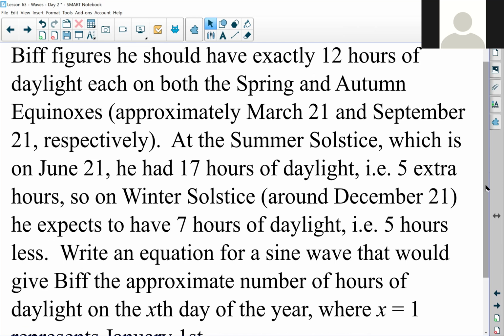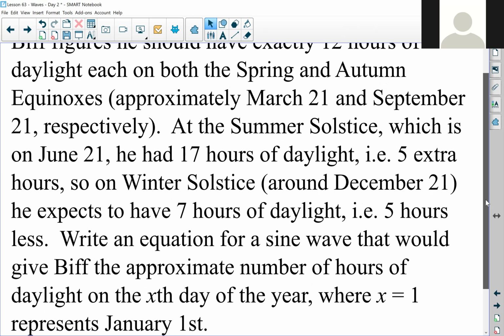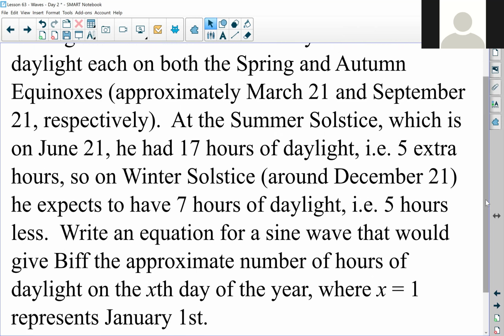So if we wanted to find the number of hours on the 31st of January, we're going to let x equal 1 be January 1st. So January 31st would be day 31. So we could plug in 31 for x and calculate the amount of daylight on January 31st.